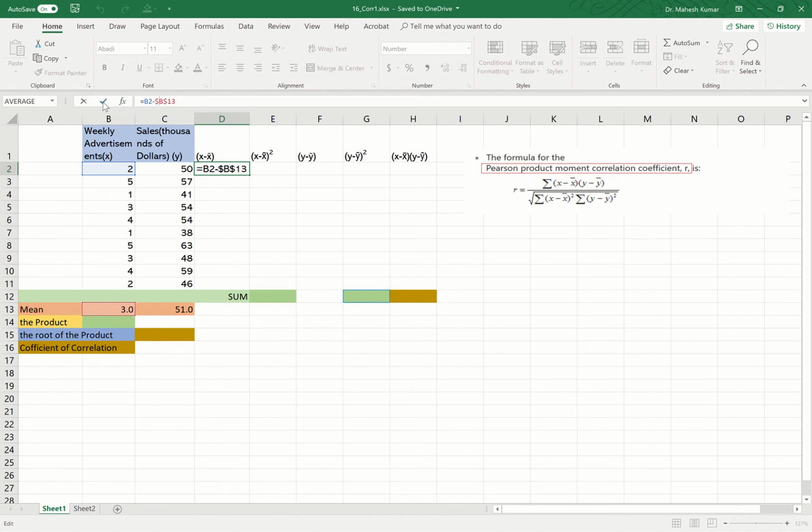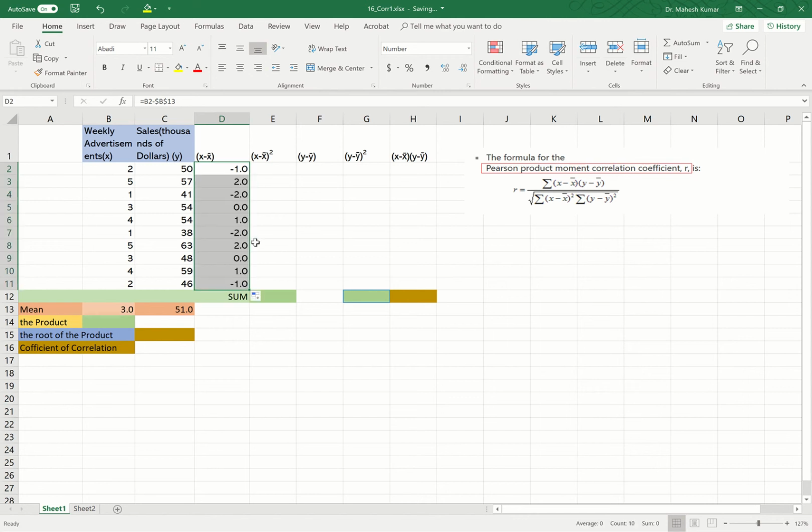I will press enter once more, and this is -1. Now I go to the bottom of the cell, and my mouse pointer changes to a black plus sign, and I drag these values to the bottom. These are the values of x minus x bar for all the cells.